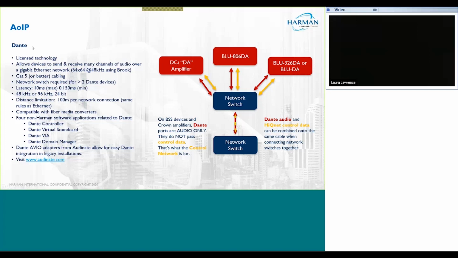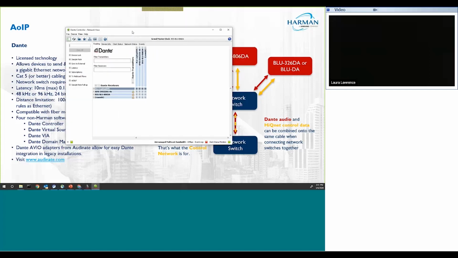So the first software we're going to discuss is Dante Controller. I happen to have Dante Controller here, and I've got some devices you see on my screen. Hopefully that's coming across now. So I have 4 different devices on my network that support Dante.